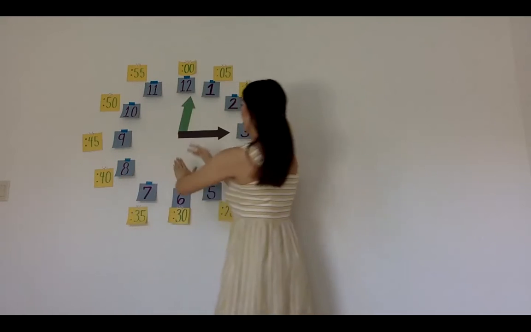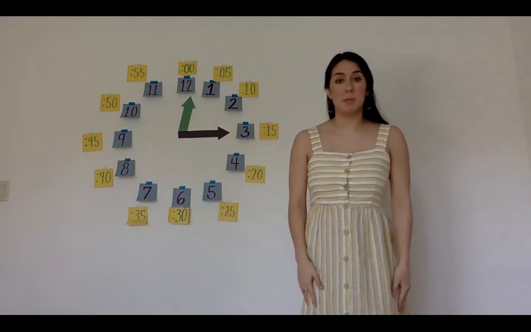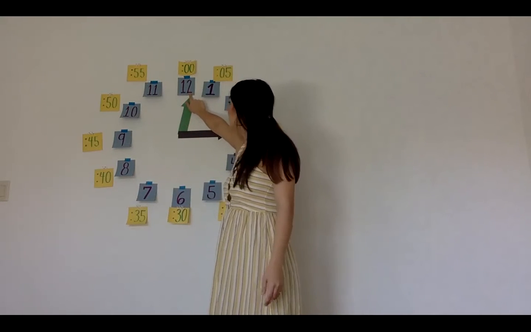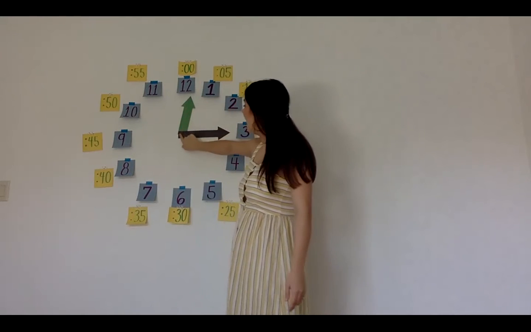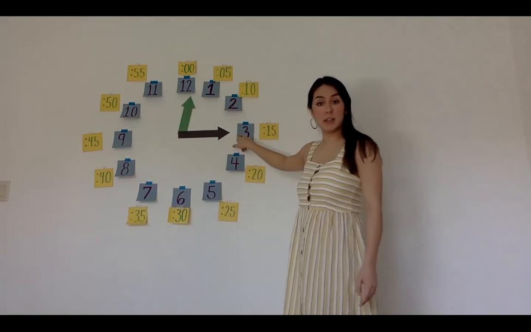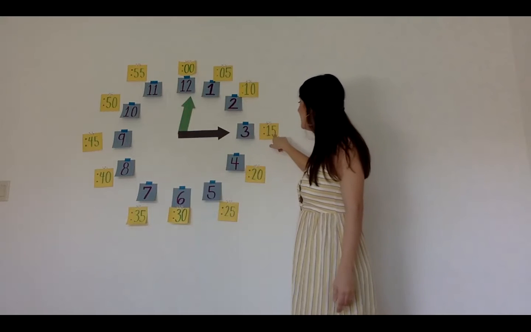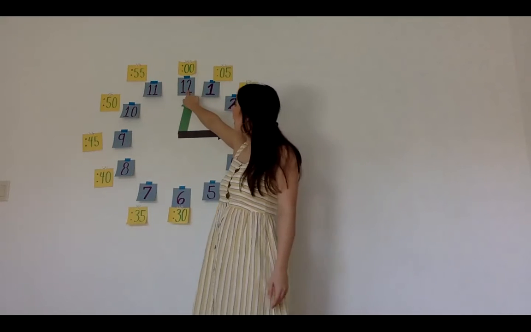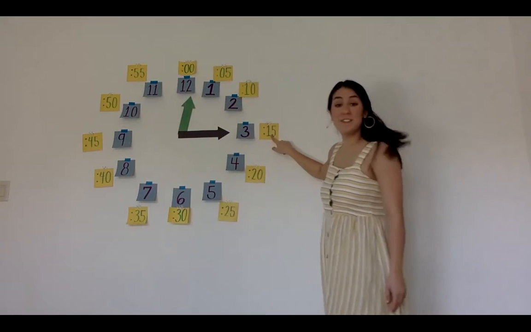Okay. So first, I'm going to look at my hour hand. My hour hand is just past the 12. That means it's 12, and then I'm looking at my minute hand. My minute hand is pointing at the 3, which means 15 minutes. So that means that it is 12:15. All right?